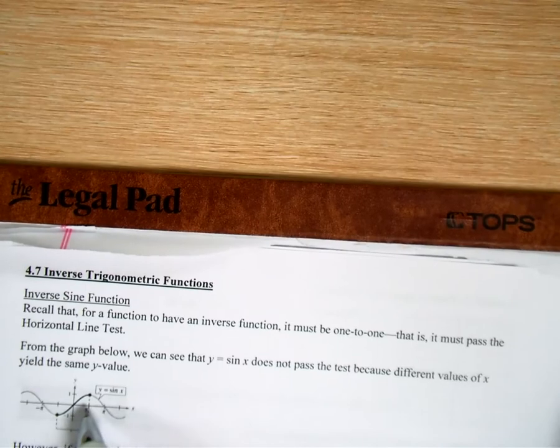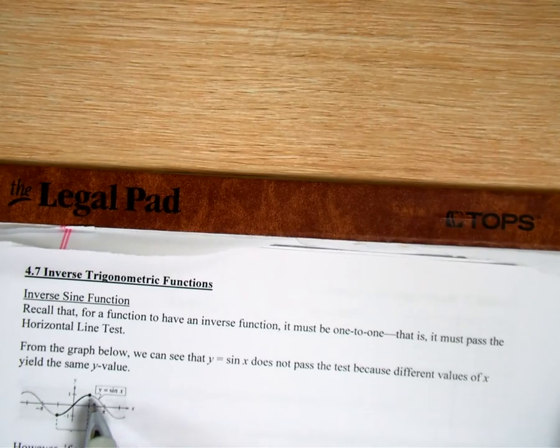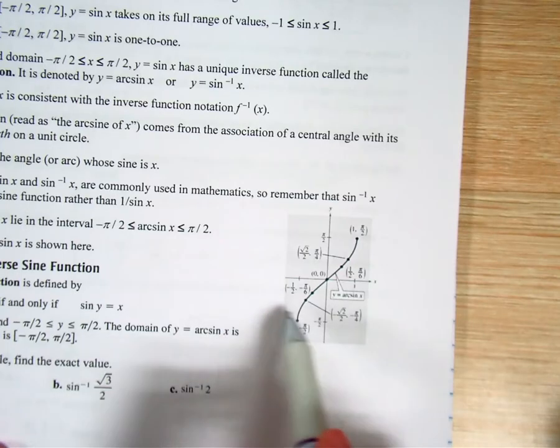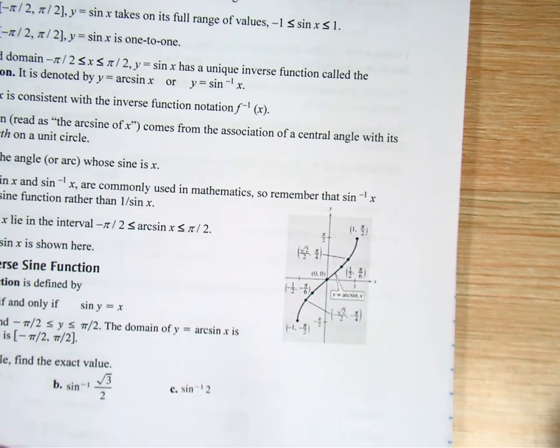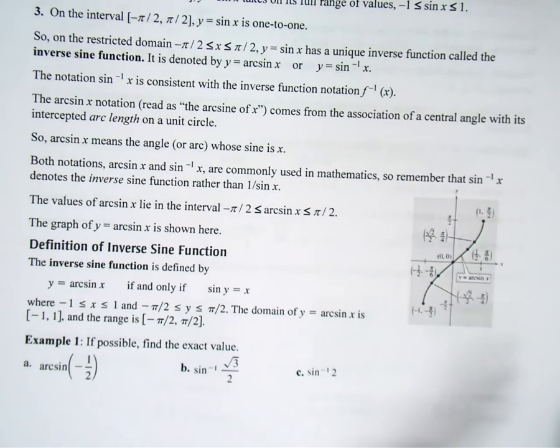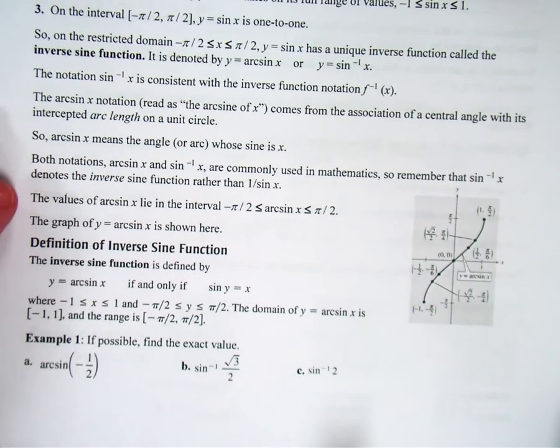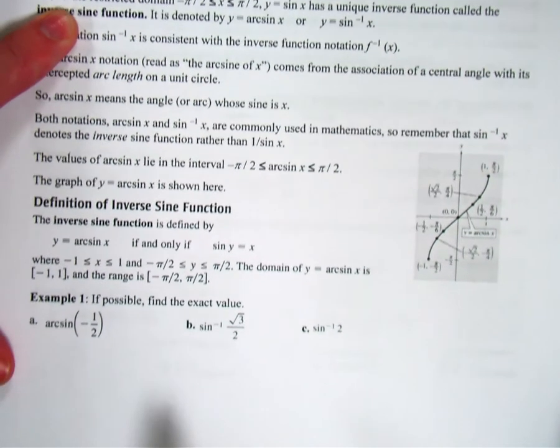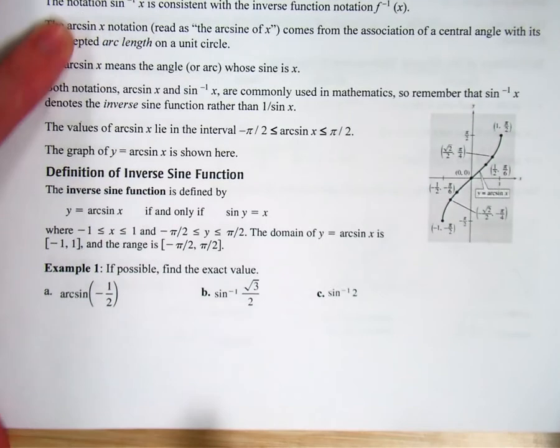This one goes up to pi over 2, comma, 1, so that one's going to go to 1, comma, pi over 2. So you're really thinking about what value gives us these answers. Knowing the unit circle is going to be very helpful.